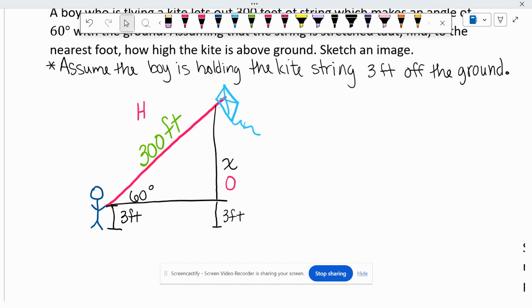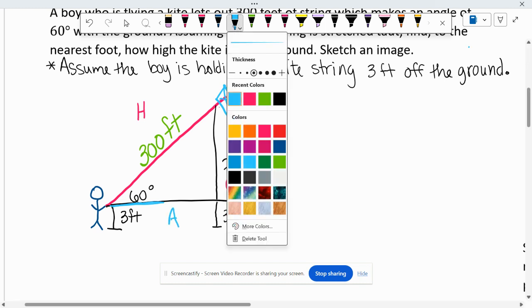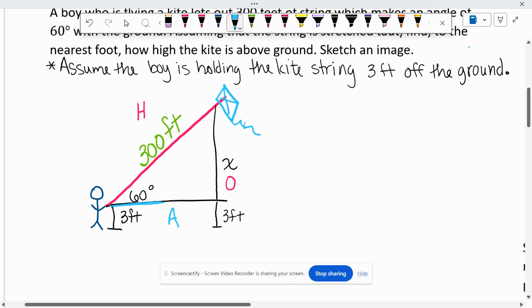The x. Remember that the adjacent side always touches the angle. So do you see how this adjacent side is touching the angle? This side right here is touching the angle 60. So this is your adjacent side. Okay. So we're using our measures. The sides that have measures are the O and the H side. So I need to use the trig function that uses O and H.